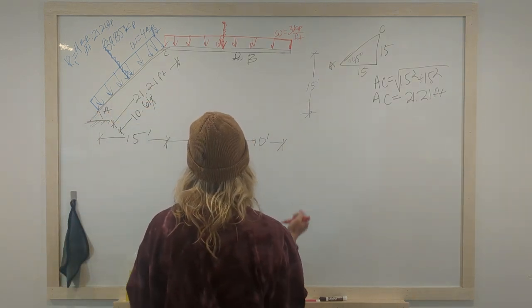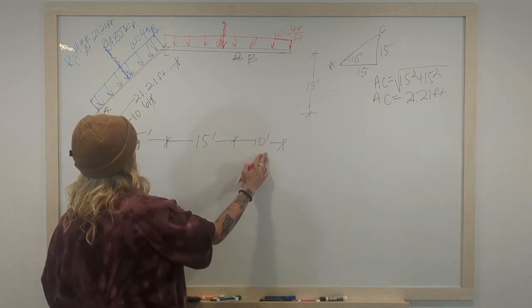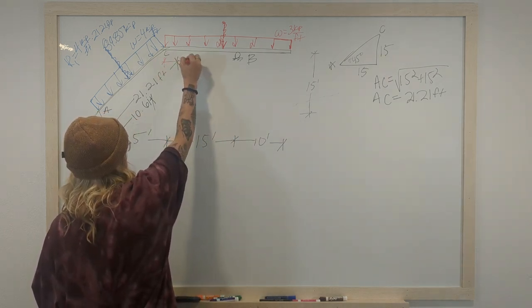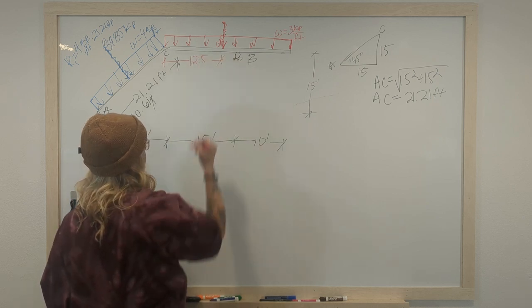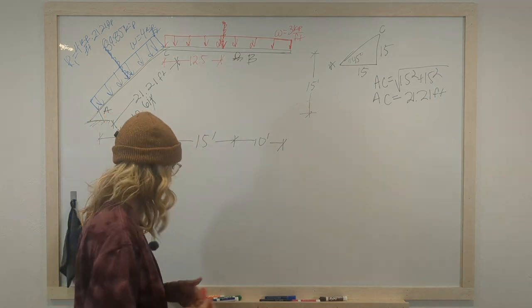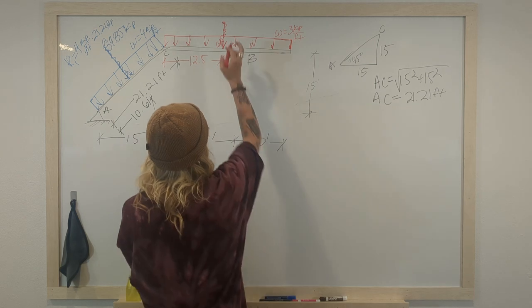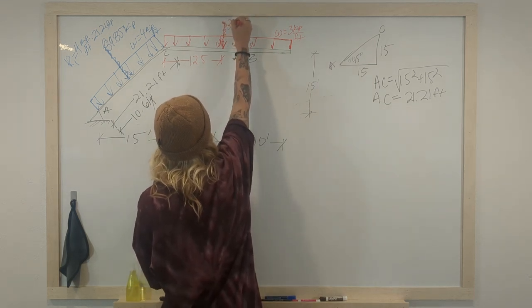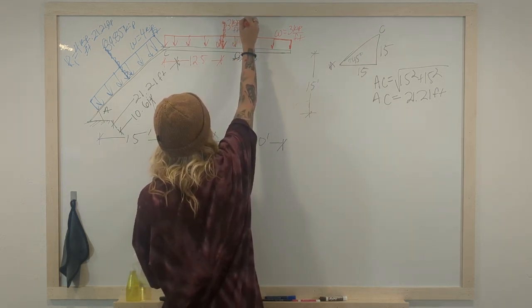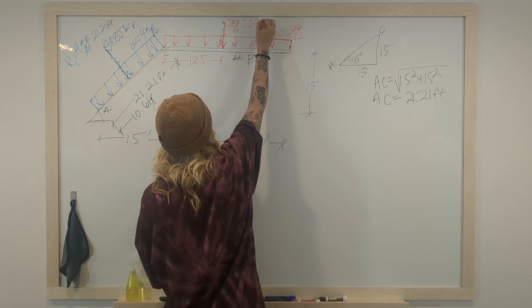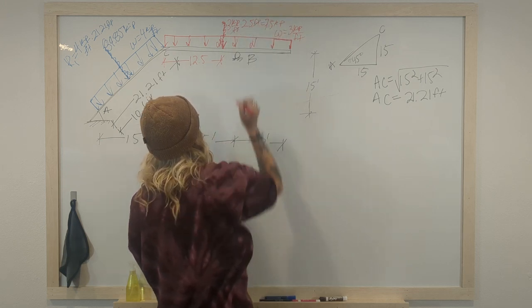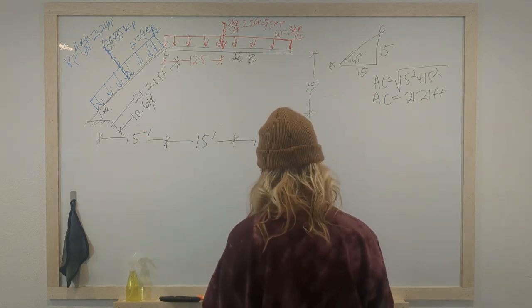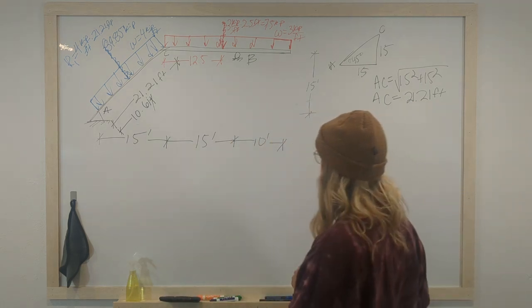And then up here we have 15 plus 10, that's 25. So this distance right here has to be 12.5. We're going to the centroid of that area, which is just a rectangle, which is 3 kips per foot times 25 feet. It's equal to 75 kips. Feet cancel out, we're left with 75 kips at 12.5 from C.